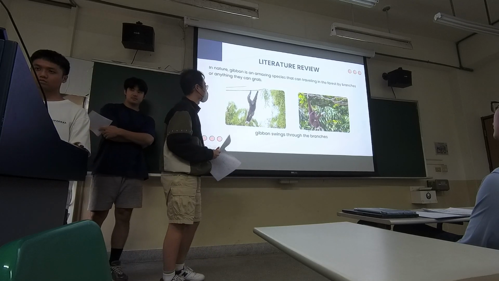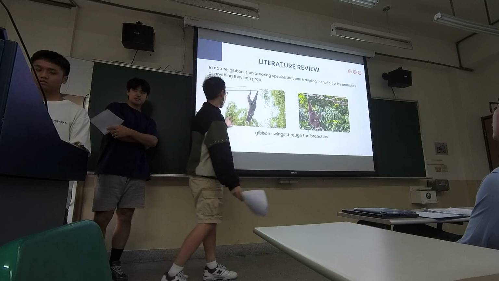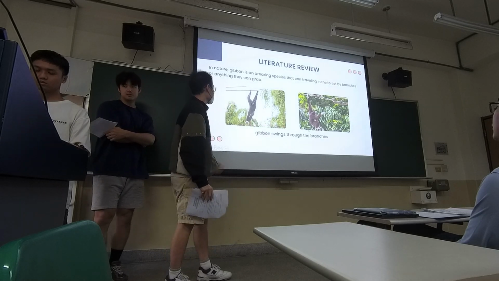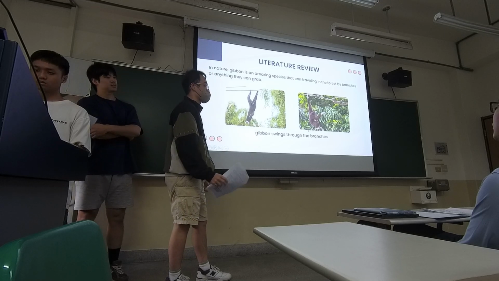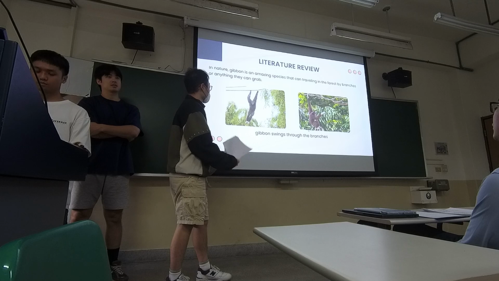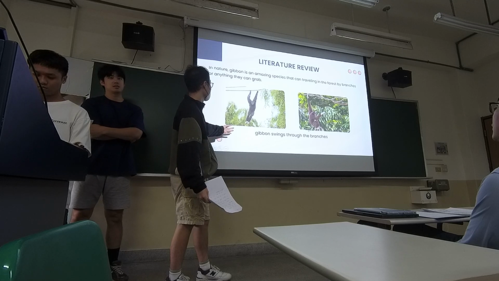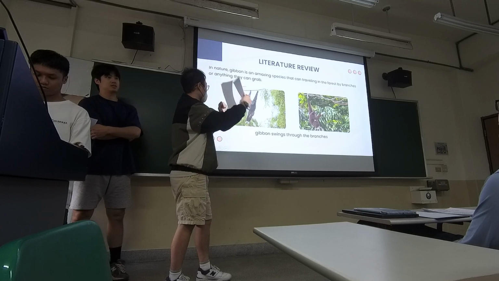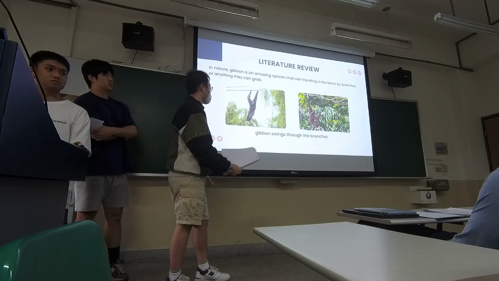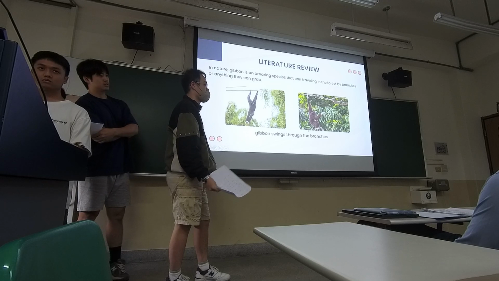So what is a rotation robot? Basically, it's like these two pictures, and this is a gibbon, or you can call it a long-arm ape. And rotation is a motion like in these two pictures. The gibbon will grab the branches or anything they can grab.